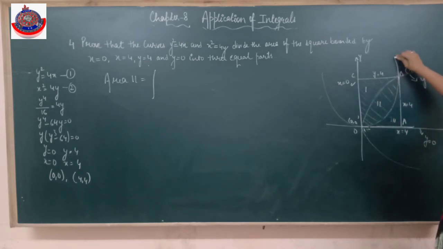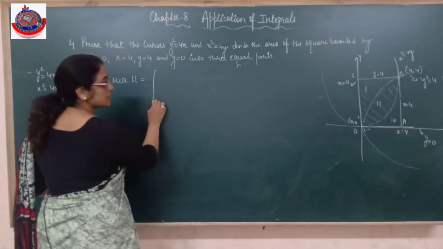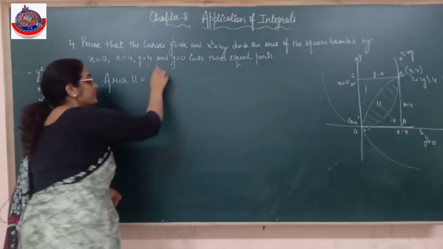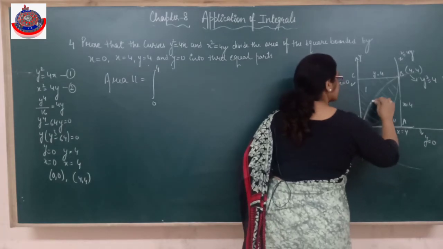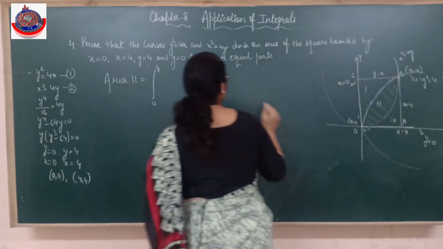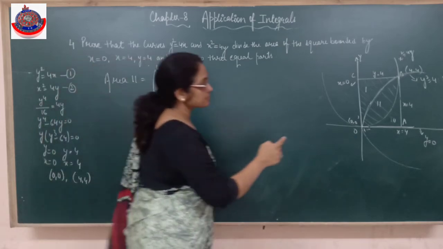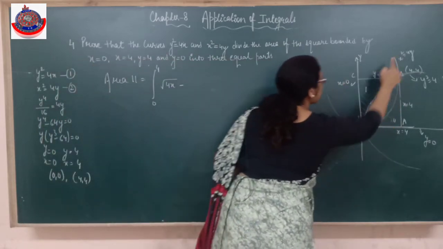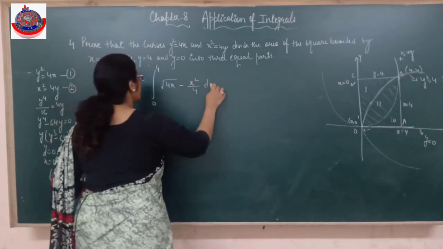This one, and this is x square equals 4y वाला. So that means 0 to 4, which parabola? This parabola minus this parabola. Solve it.